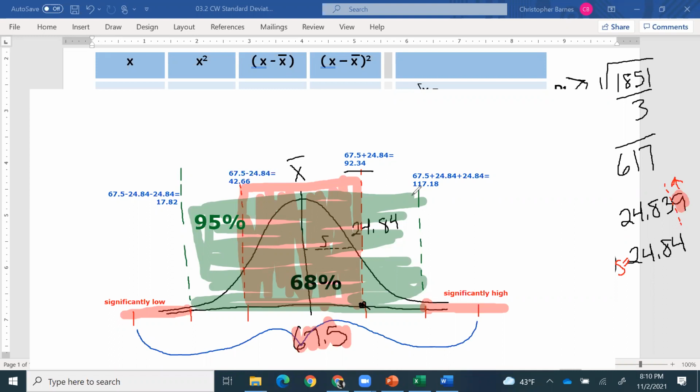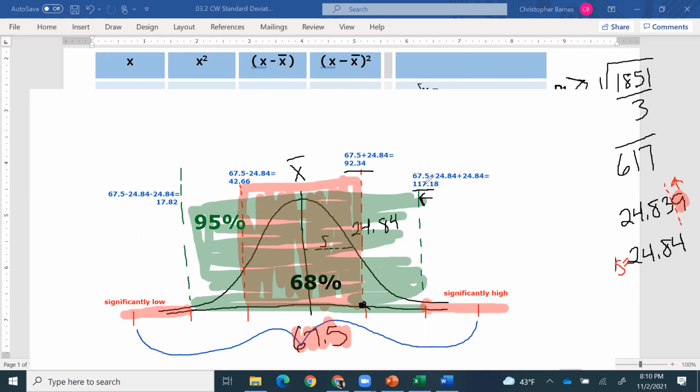Now, just like some of the homework problems that we've done before, we can find out the cutoff for what's significantly high as well. 67.5 plus 1 standard deviation plus another standard deviation gives us the cutoff right before it becomes significantly high, right here.